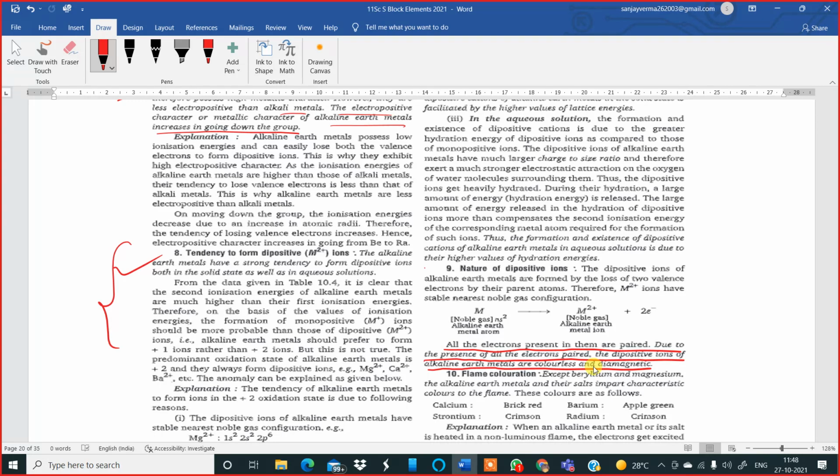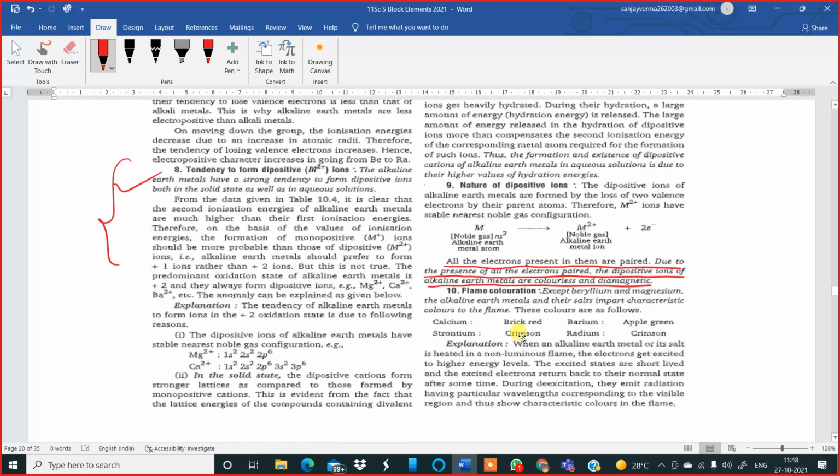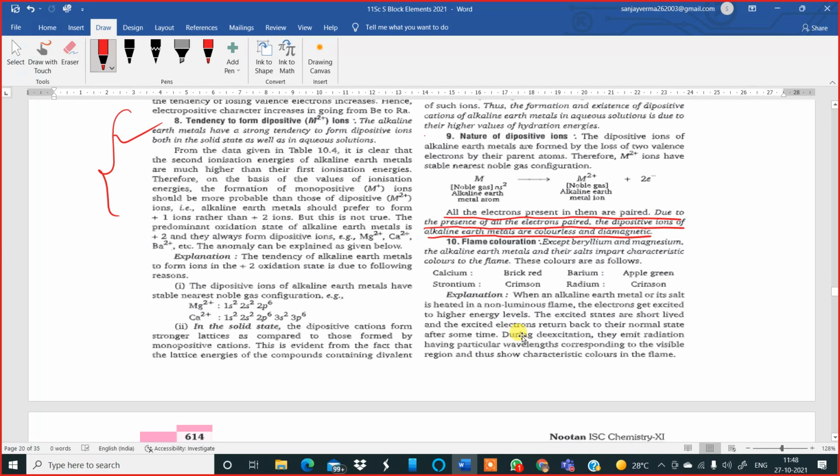Okay. Now, looking at the flame coloration, the properties of these alkaline earth metals: calcium in the non-luminous flame will show brick red color. Barium will show apple green color. Strontium is crimson, and radium, radioactive, will also show crimson. So the explanation is similar to what I have explained for the alkali metals.